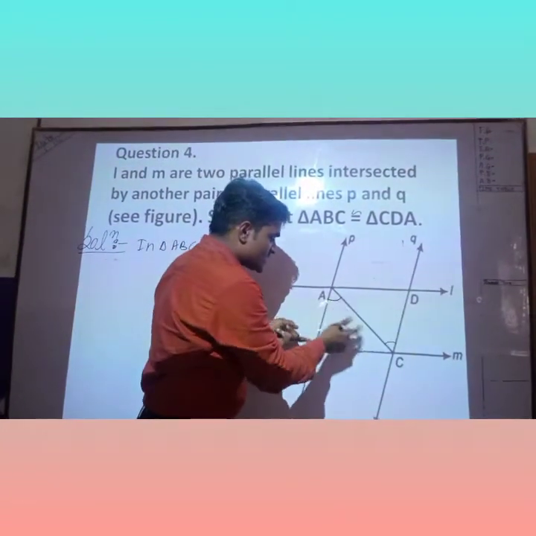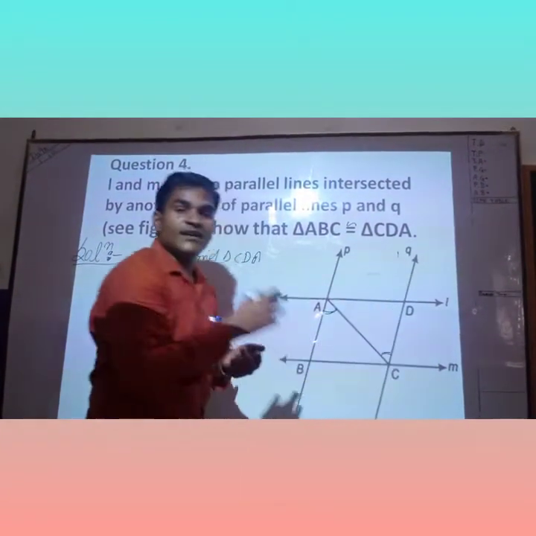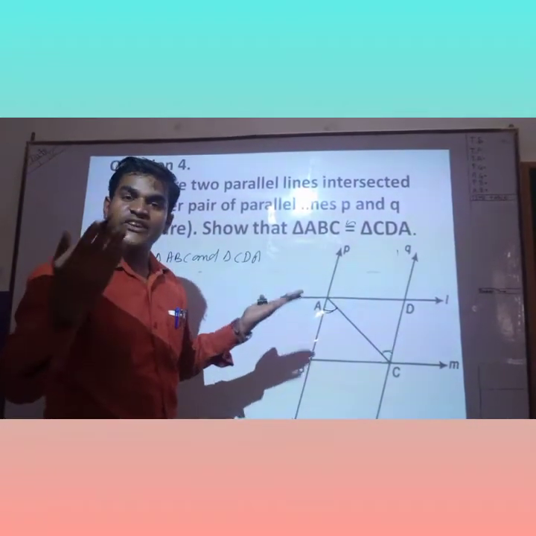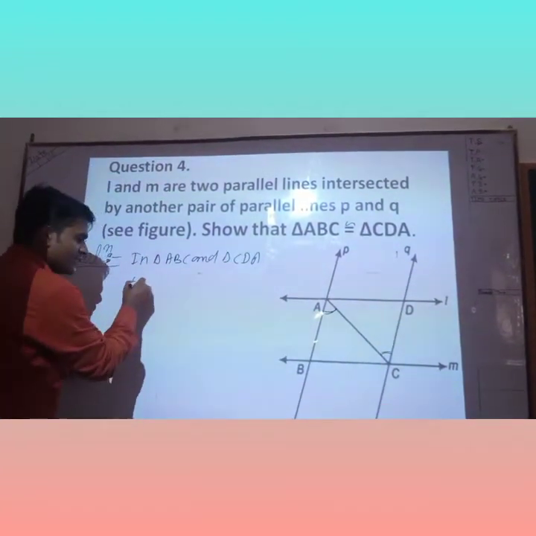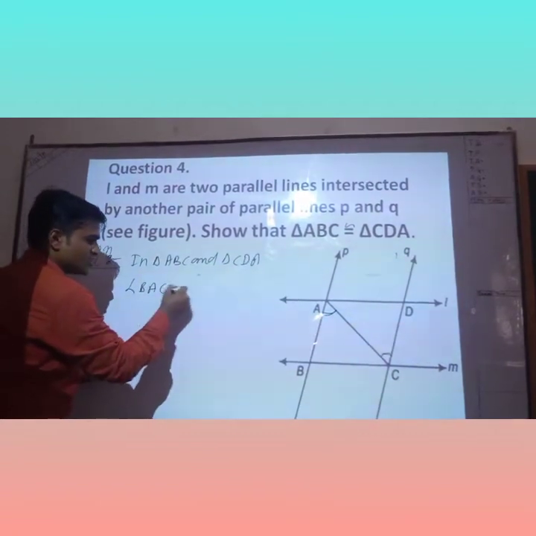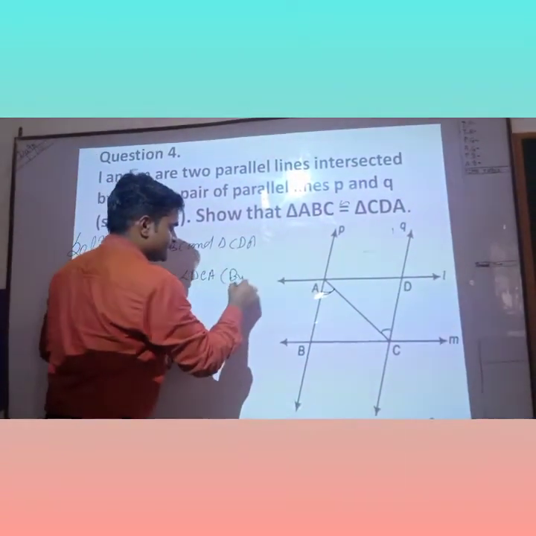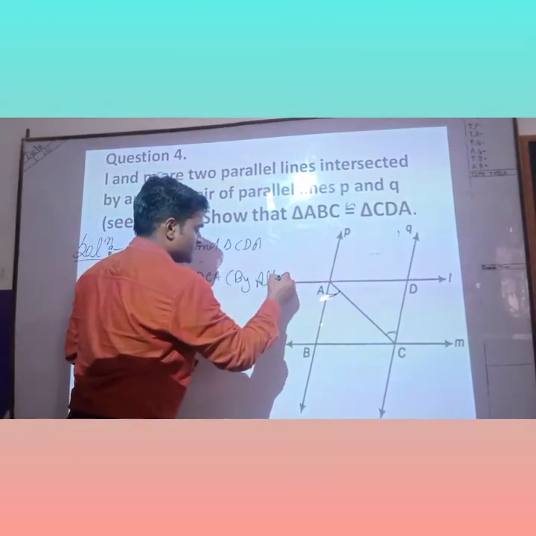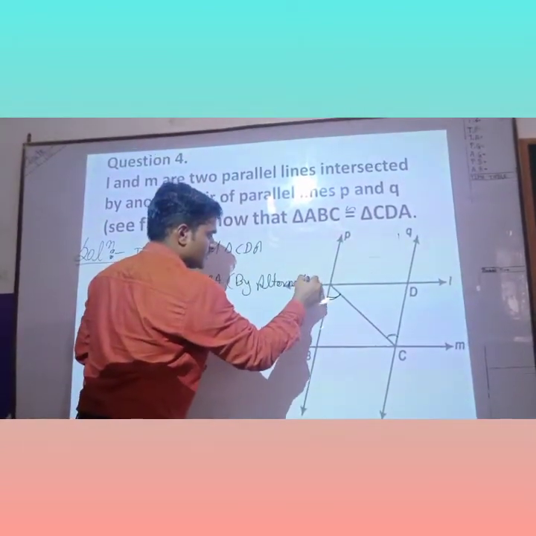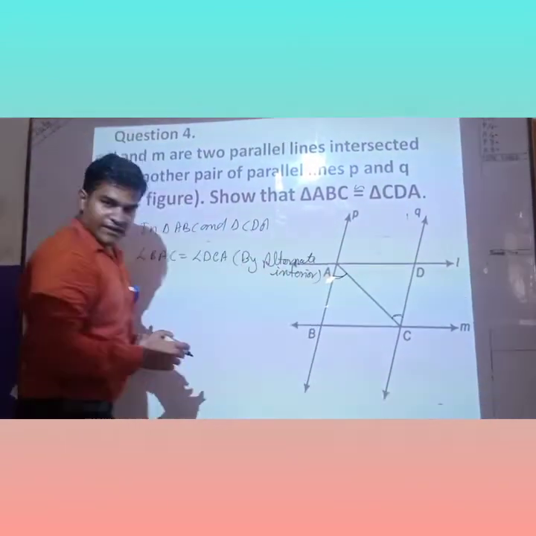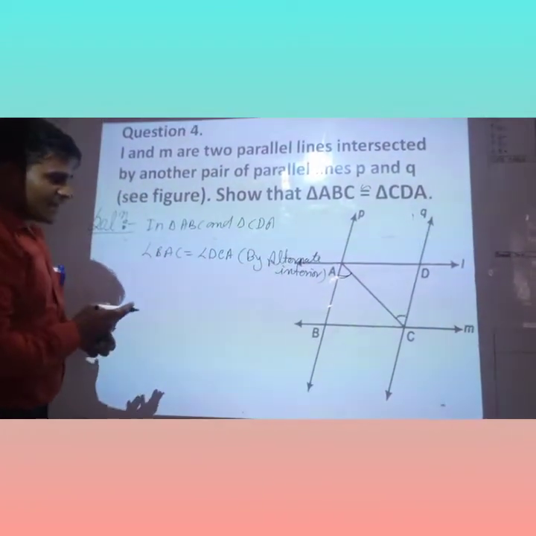If it is transversal, these two angles are alternate interior angles. As we know that alternate interior angles are equal. So children, angle BAC is equal to angle DCA by alternate interior angle. Okay, so alternate interior angles are equal.